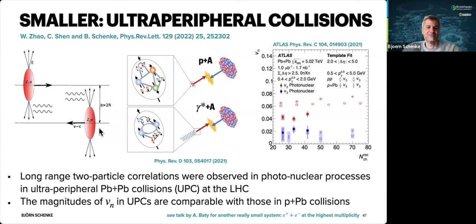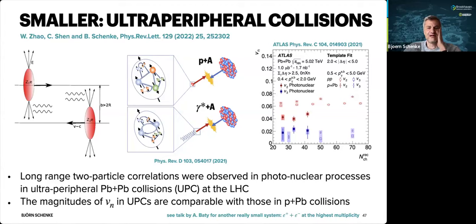And you can measure V2 in events where you produce many particles in such a collision as well. And you see in this plot from Atlas that these solid points, the darker red and darker blue ones, are the ultraperipheral collision results. And they are on the same order as what you find in proton-proton or proton-lead collisions. So there seems to be also some sort of anisotropy in the momentum distribution in these even smaller systems.